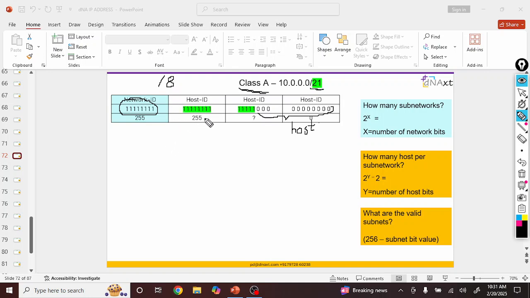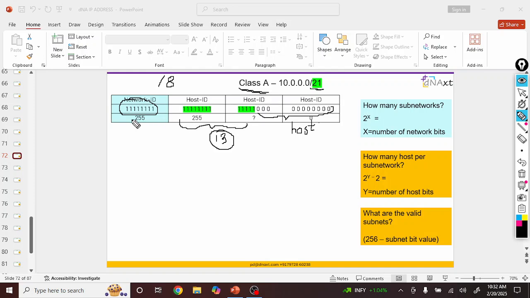But the remaining bits that are highlighted with green are the subnetwork bits, the bits borrowed from the host section into the network. Okay, so 8, 9, 10, 11, 12, 13. We have 13 subnetwork bits over here.